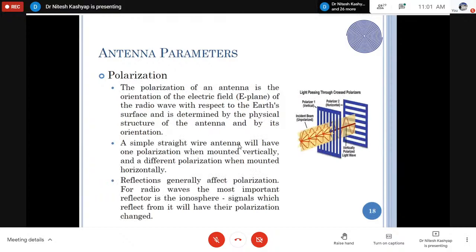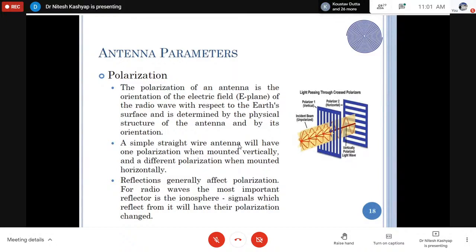The next parameter is polarization, which is a very important parameter. We can establish a communication link between two antennas only if the orientation of the antenna is matched with the transmitted one. What I mean to say is that if the receiving antenna is not oriented with the transmitting antenna, maximum reception will not happen.